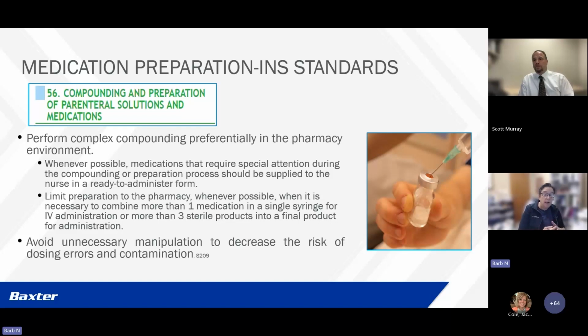So it also applies to areas that have maybe an absence of 24/7 pharmacy, where nursing may need to step into this space. And how do they do that? And making sure that there is good communication and that they're doing that effectively. So competency in that area. I recently did a competency with my staff on simple reconstitution of Rocephin, which is not compounding, but it was amazing to see how many different ways that nurses did even that simple task.